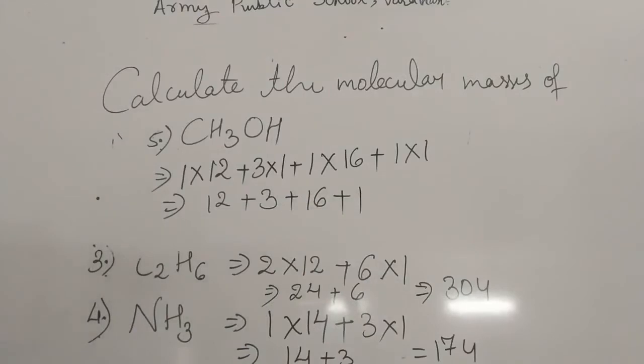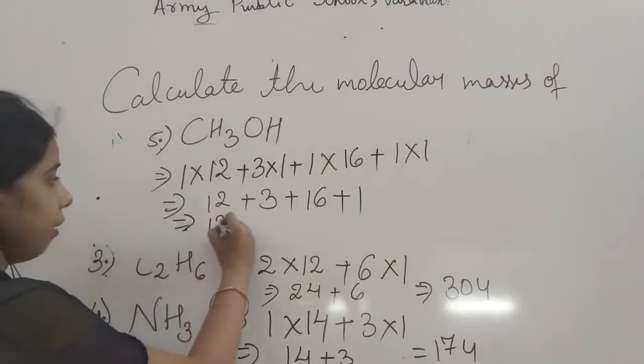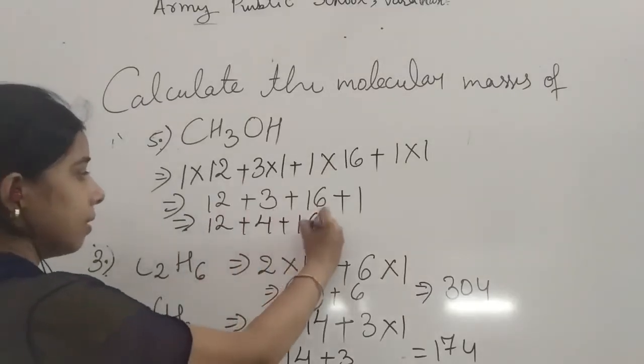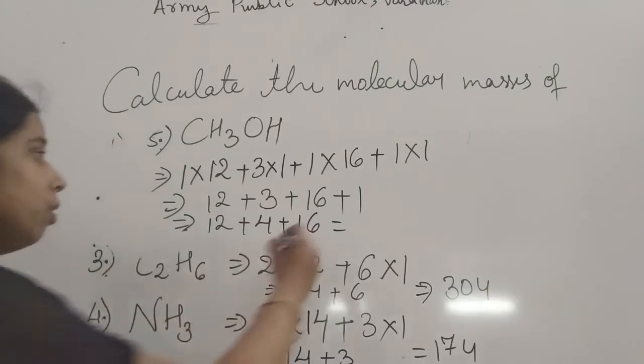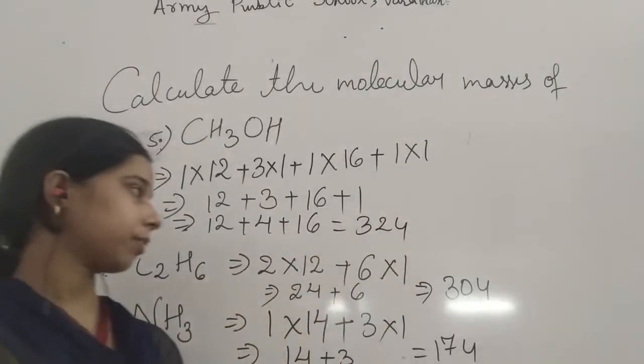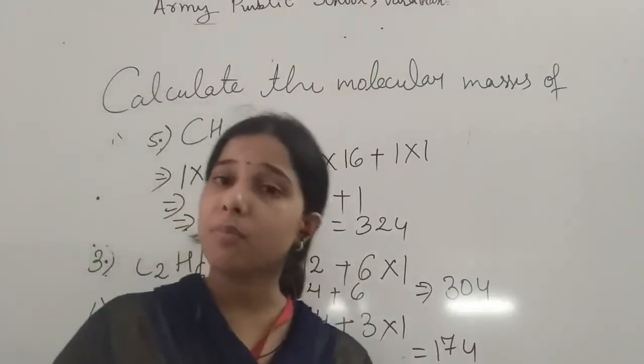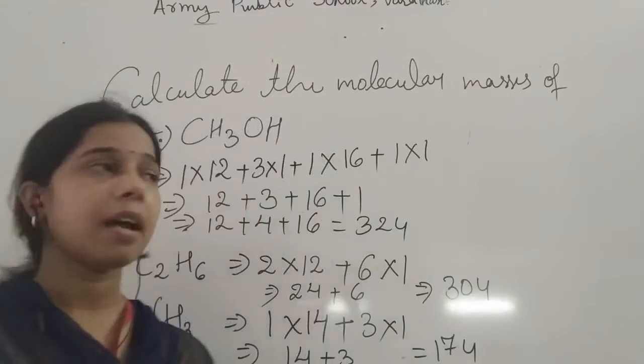Understood? So this will be equal to 12 plus 4 plus 16 equals 32 U. Okay students? So this is how we can find the molecular masses of different molecules.